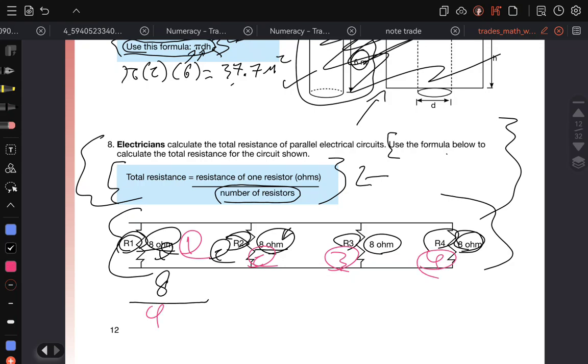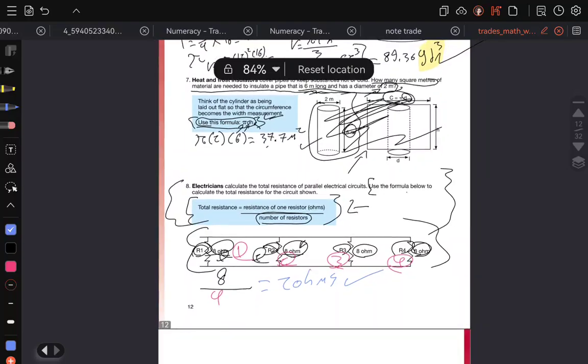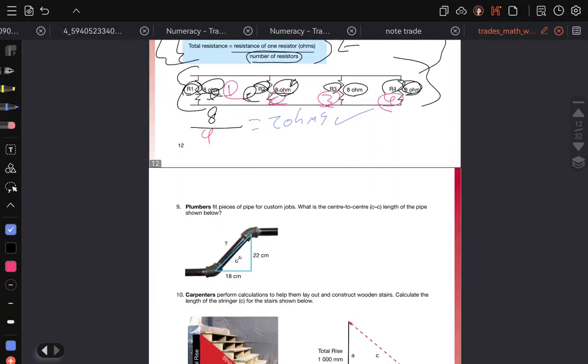So it's going to be 8 divided by 4, which is 2 ohms. Yep, that's it. It's also a straightforward question.